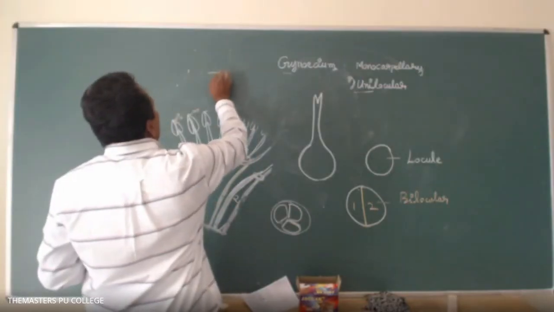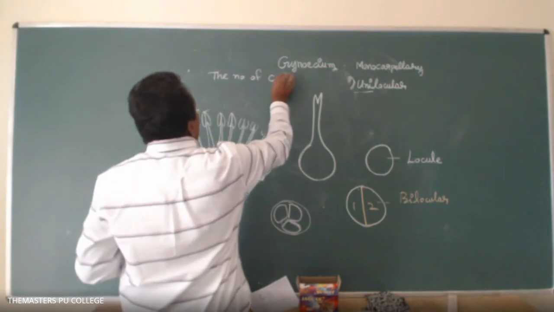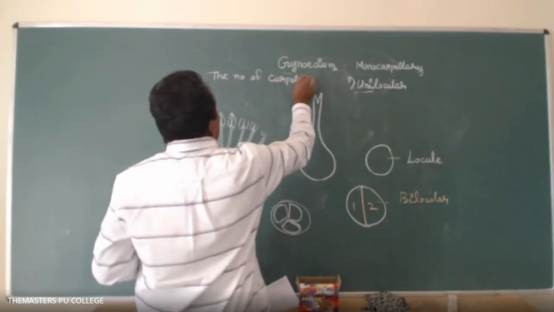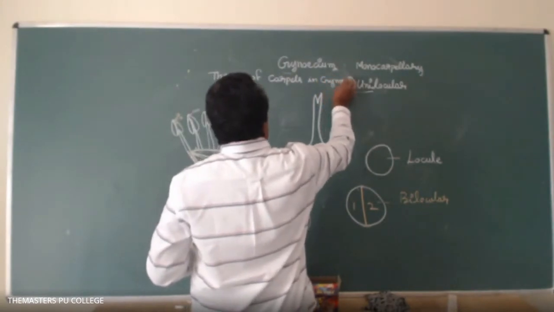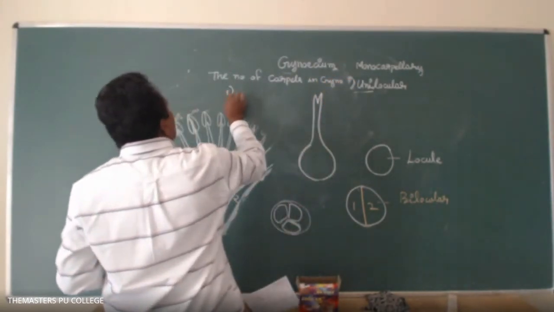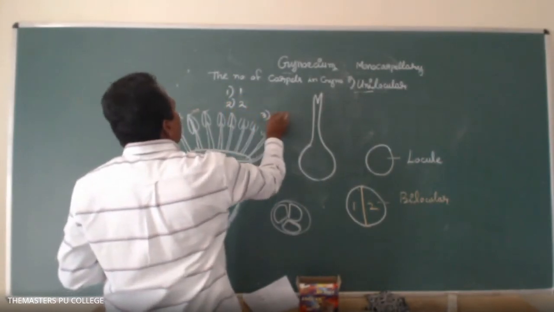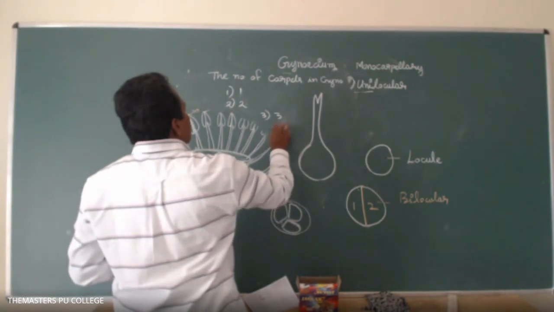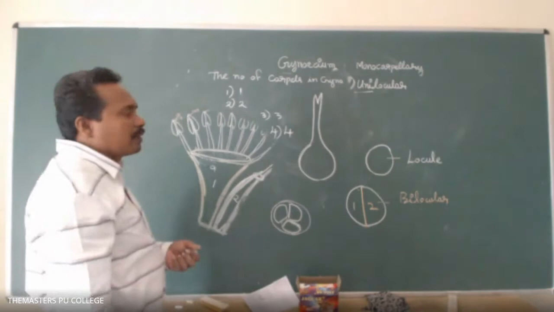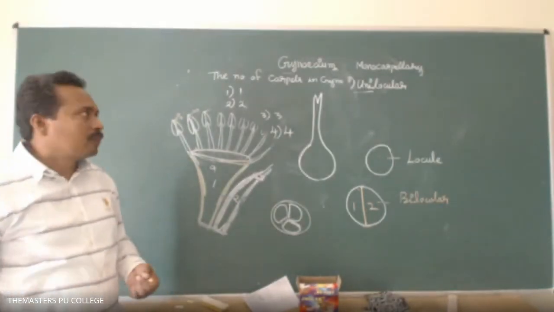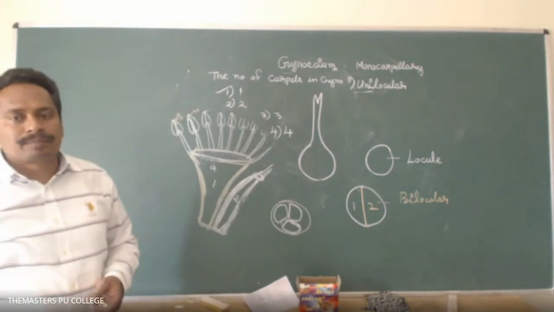The number of carpels in the gynoecium of the Fabaceae family: option 1, 1; option 2, 2; option 3, 3; option 4, 4. Option 1 is the correct answer.